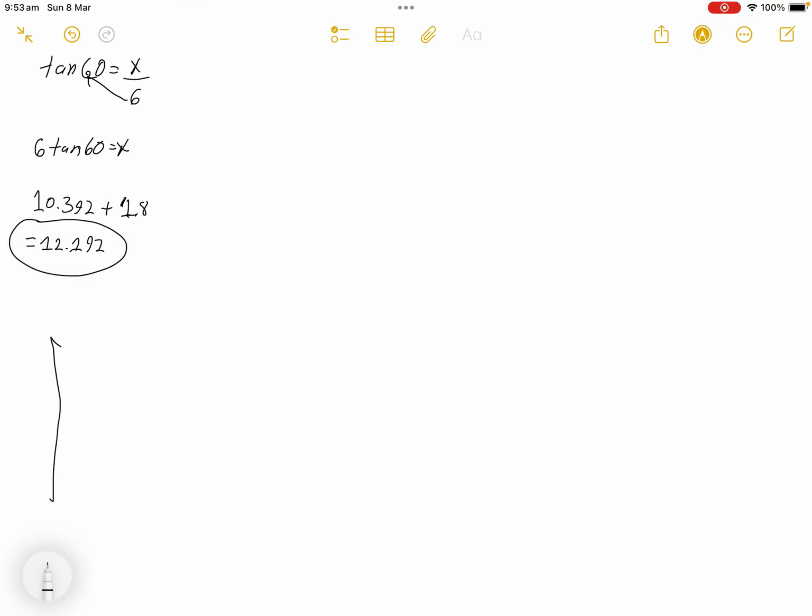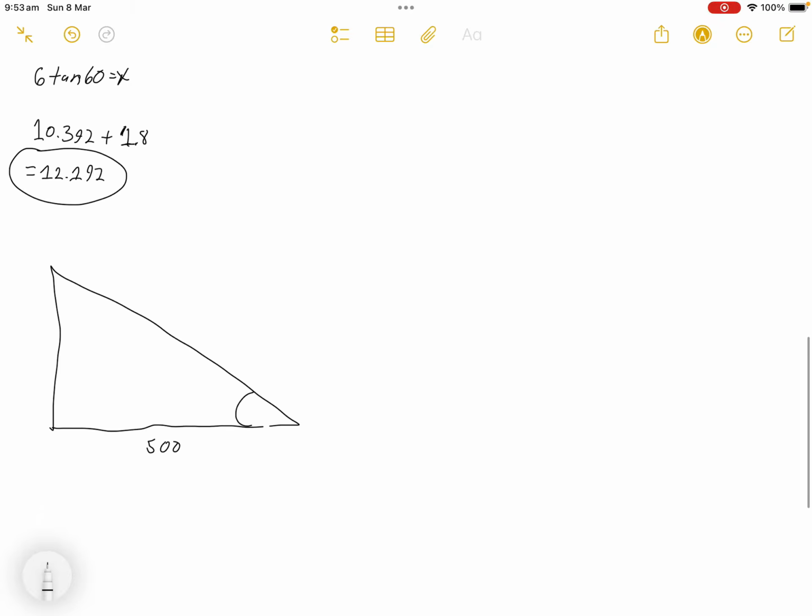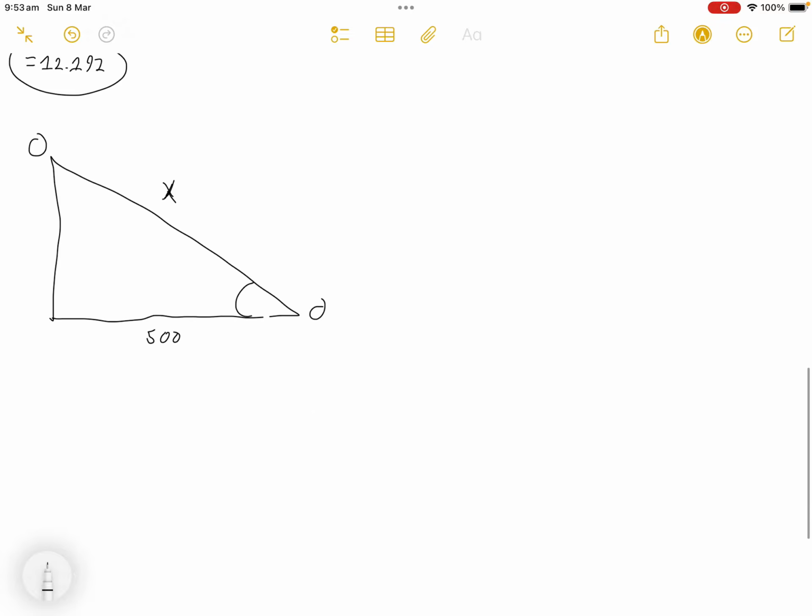So here's your ugly looking right triangle. That's 500 meters, right? And we want to find the distance between the ball and the boy's perspective.